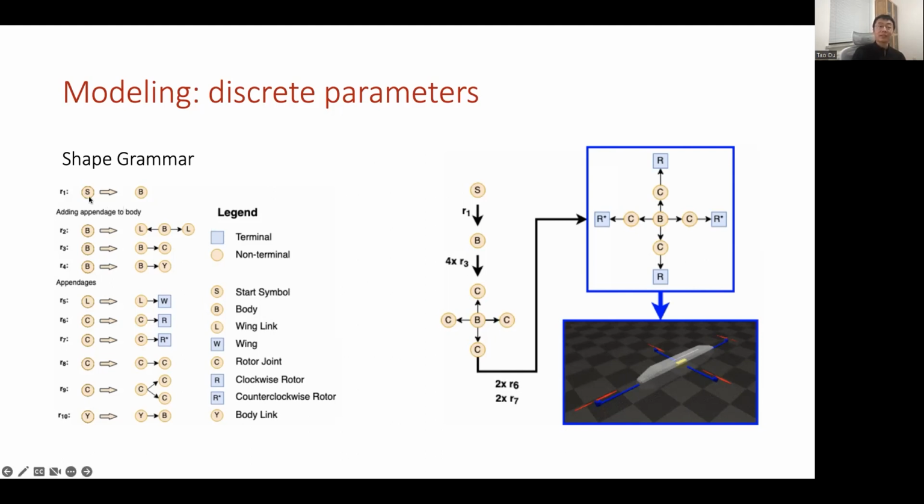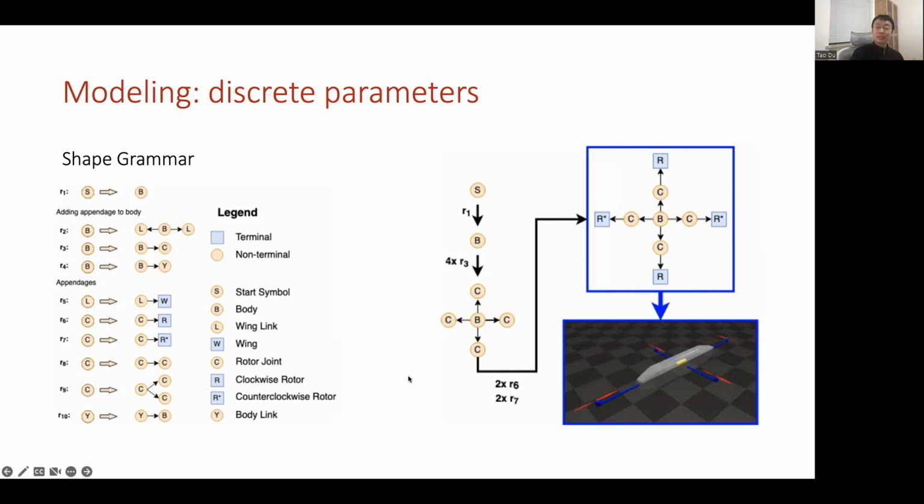So at the very beginning, we have a start symbol S, representing basically an empty canvas. So nothing is there yet. And the very first rule in this grammar, R1, indicates that you are allowed to replace the node S with a node body. So that corresponds to the process where a mechanical engineer picks the fuselage and puts that in place of the canvas.